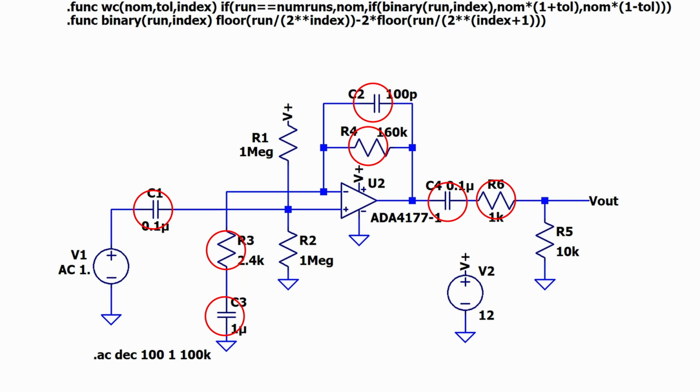This gives me a total of 7 components that I want to step. Now, all of the capacitors are 10% capacitors, and all of the resistors are 1% resistors. Now, I will establish some variables for these tolerance values by creating the following PSpice directives.